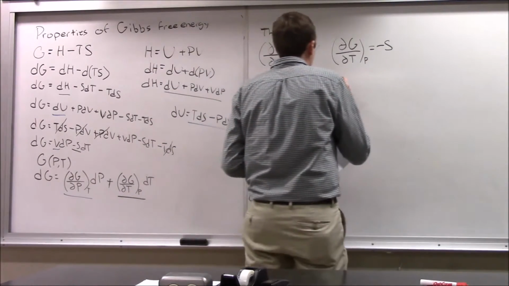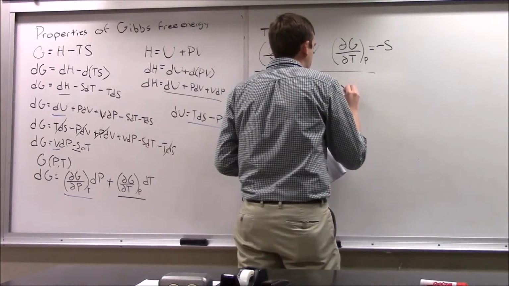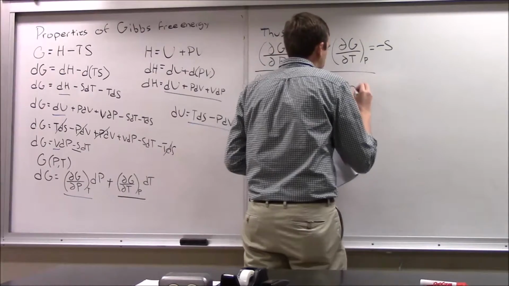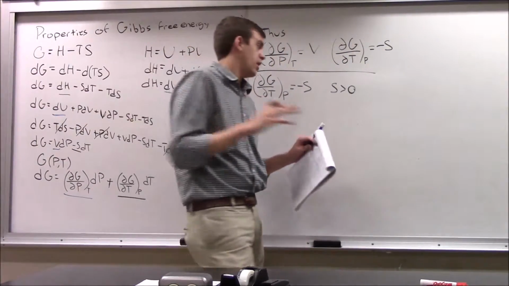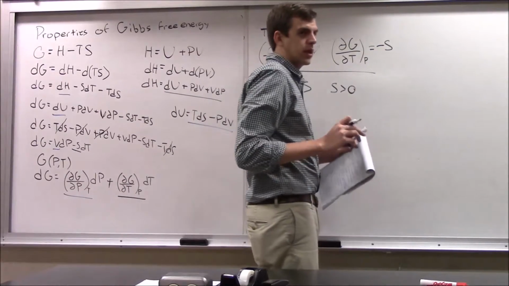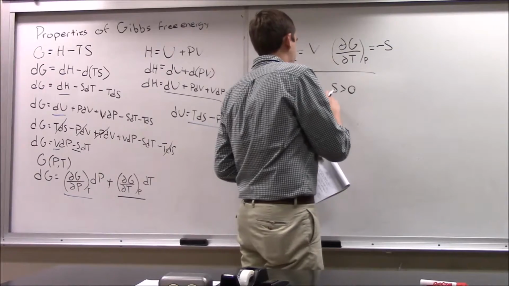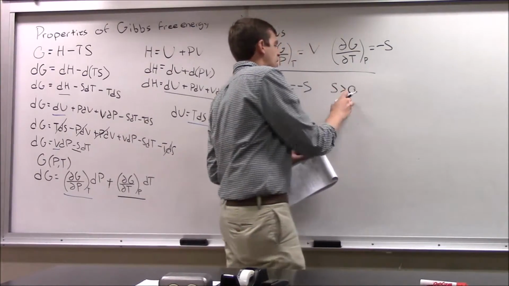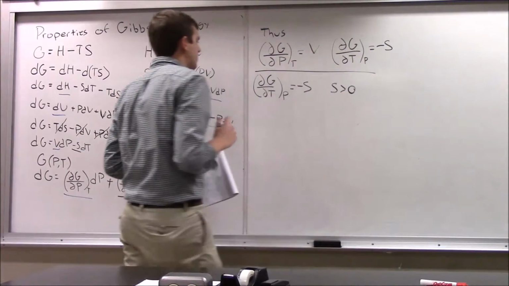Well, we know that our entropy is always positive. This is just regular entropy. Now entropy changes, this is always positive, unless you're at absolute zero, then it's possibly for a perfect crystal equal to zero. But we're saying that it's always positive here.